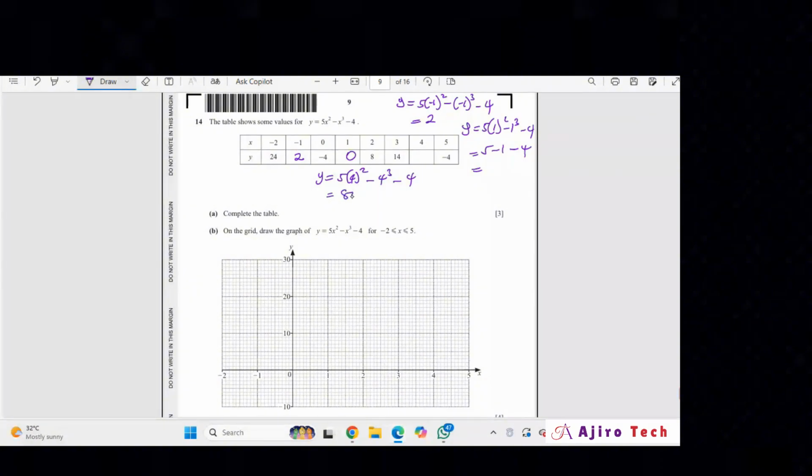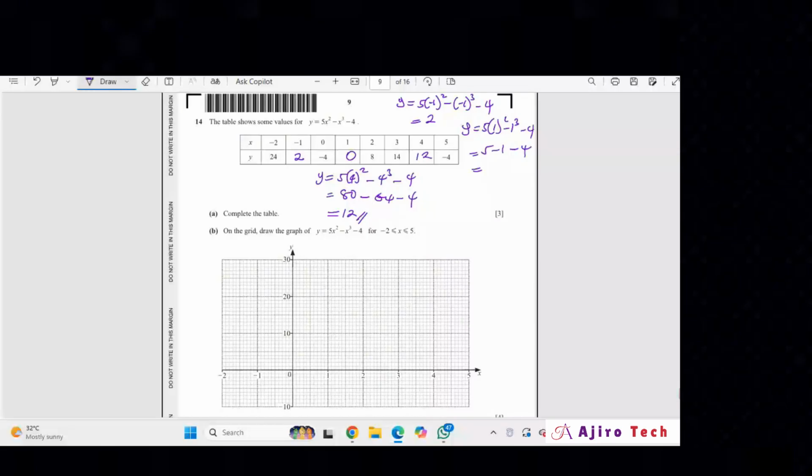So this one is 80 minus 4 raised to the power of 3. 4 raised to the power of 3 is 64, minus 4. So you do 80 minus 64 minus 4. What will it give us? It will give us 12. So here now will give us 12.